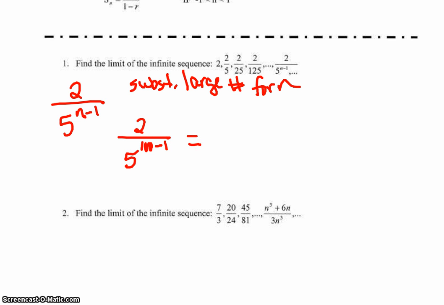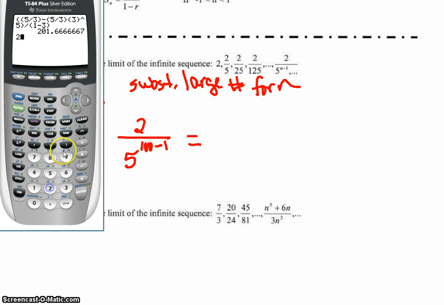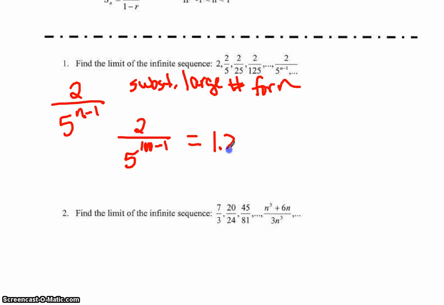So we would take our calculator and say 2 divided by 5 caret 99. And we get 1.26 e to the negative 69. Remember that e is times 10 to the negative 69, okay?